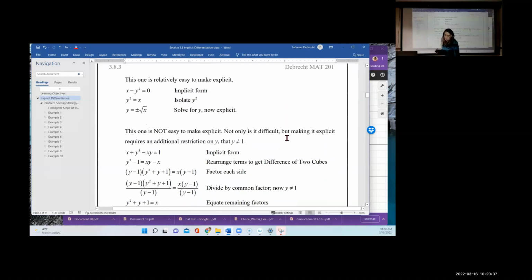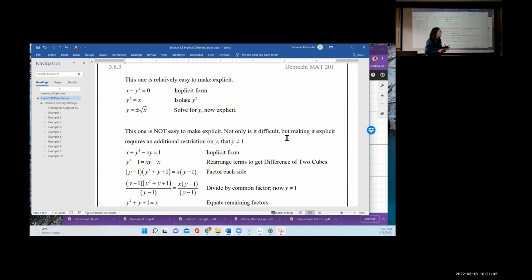Let's take a look at some different equations. Sometimes it starts in an implied form, but it's easy to convert it to an explicit form. For example, x minus y squared is not an explicit form because it doesn't have the form y on the left equals something with x only on the right.